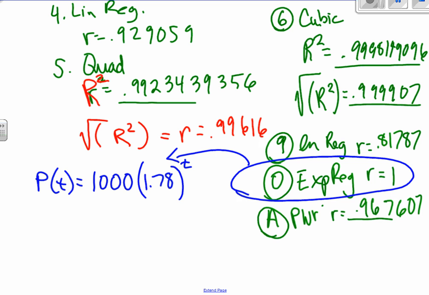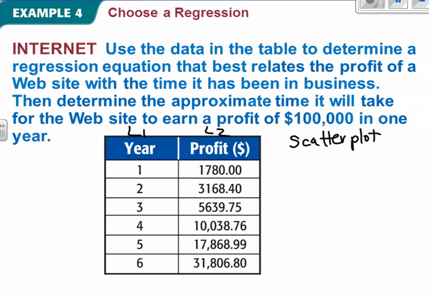I'm going to go back a couple slides and I'll come back to this one because I just need to know what's happening here. It said use the data to determine a regression equation that best relates the profit of a website with the time it has been in business. So we've done that part, and actually maybe I will just write that here.